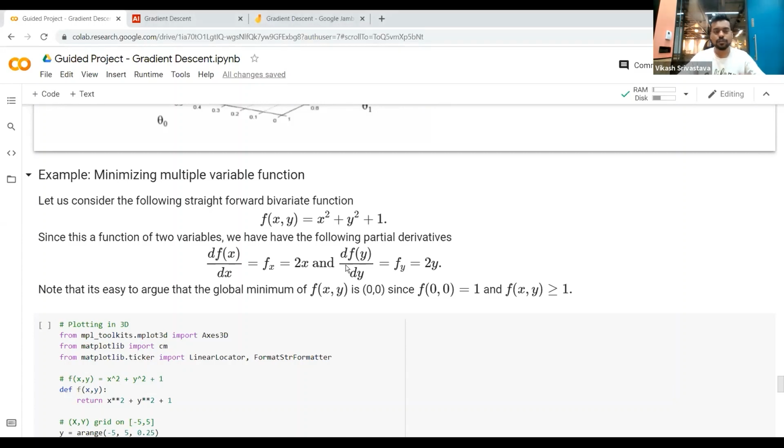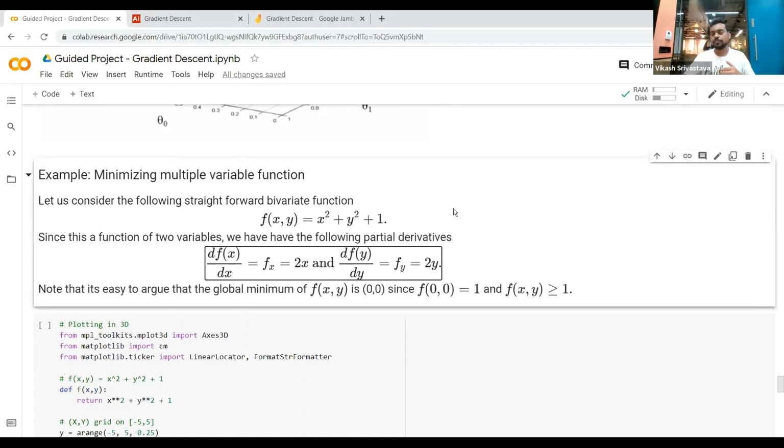Now we have understood how the gradient descent algorithm works, and we know the caveats of the algorithm as well. Now let's talk about minimizing a multiple variable function, which you will be doing in your self project. One more thing, because in this guided project you're not doing anything, I request you to write another function.